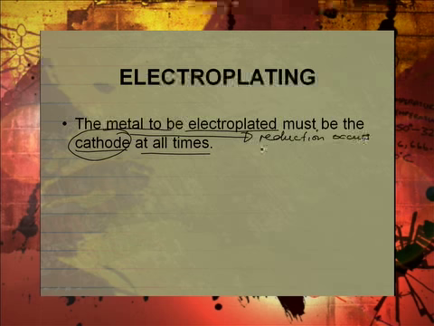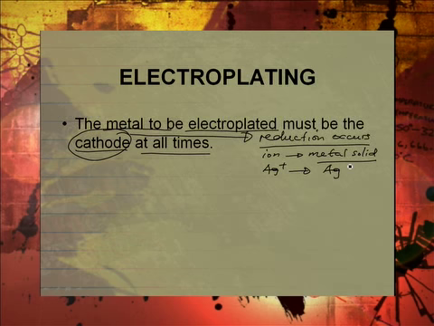Now, if this is where reduction occurs, it means you are reducing an ion in solution into a metal solid by making it receive electrons. So if it's silver ion, you make it receive electrons to give you a silver solid. Okay, that's what is happening there. It has to be always at the cathode. Whatever you are electroplating has to be the cathode. Reduction must be happening there.